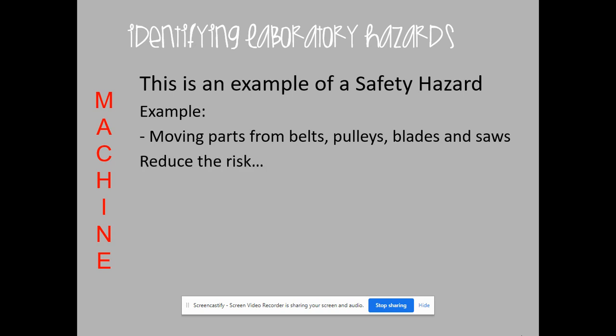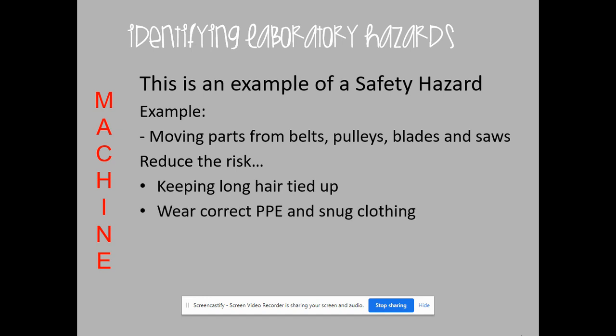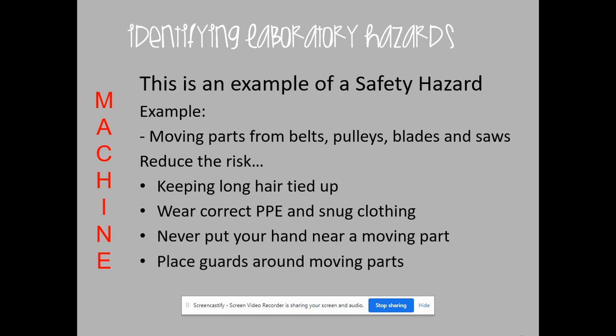Okay, and how do we reduce the risk? Okay, we're going to keep our long hair tied up. We're going to wear the correct PPE, snug clothing. Okay, never put your hand near a moving part, which might seem like something you don't really need to say, but you never know.